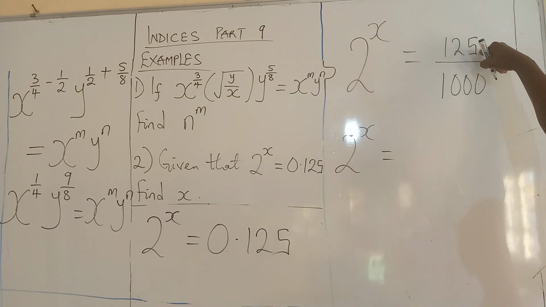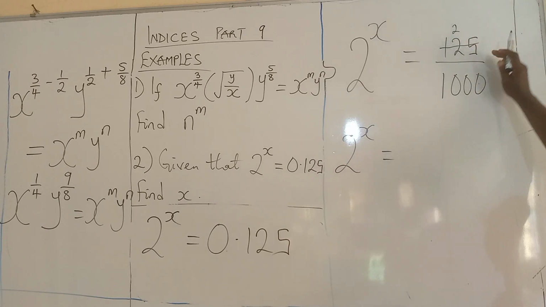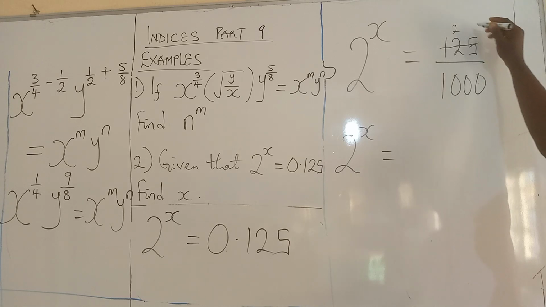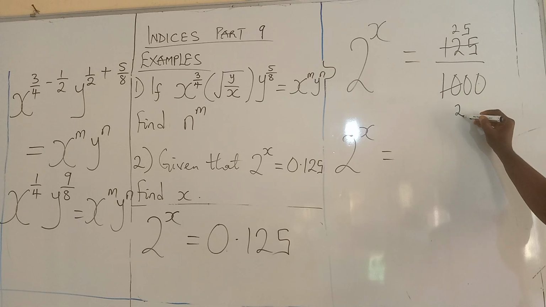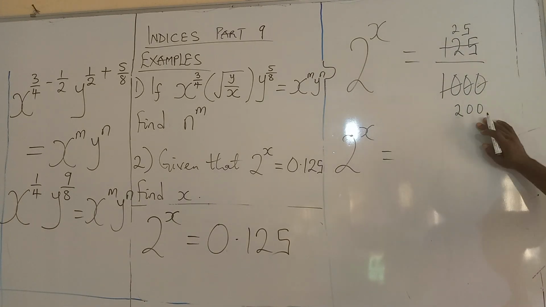Let's start with 5. 5 goes here, 2 remaining, 2 carried another here becomes 25. And 5 goes into 25, 5. 5 goes into 10, 2. Here 0, 0. So we are having 25 over 200.